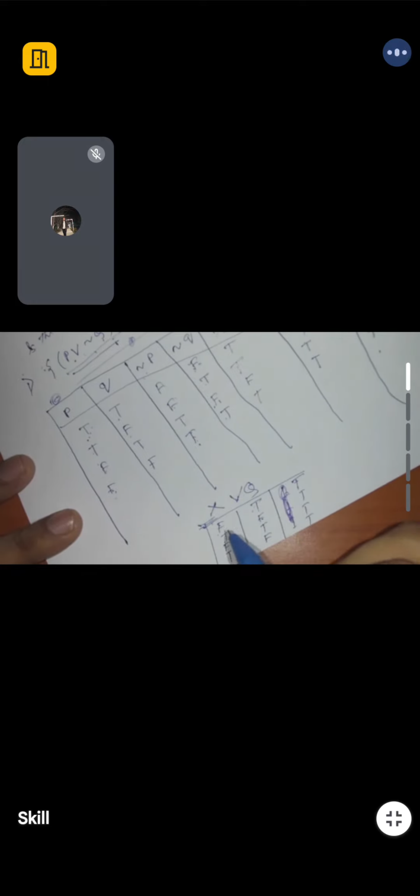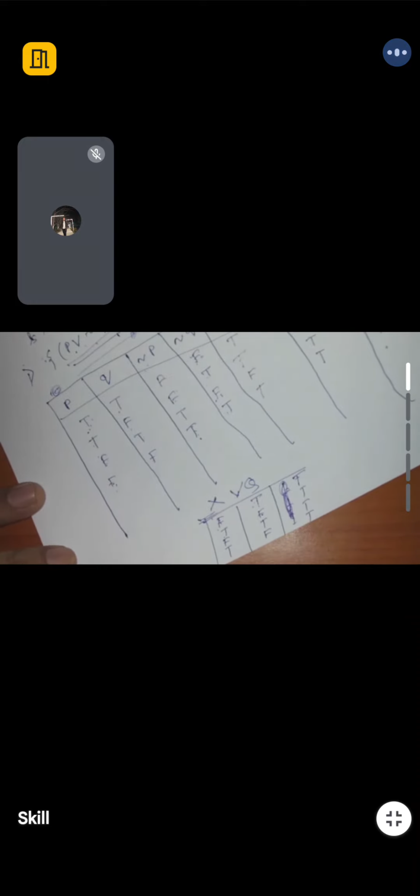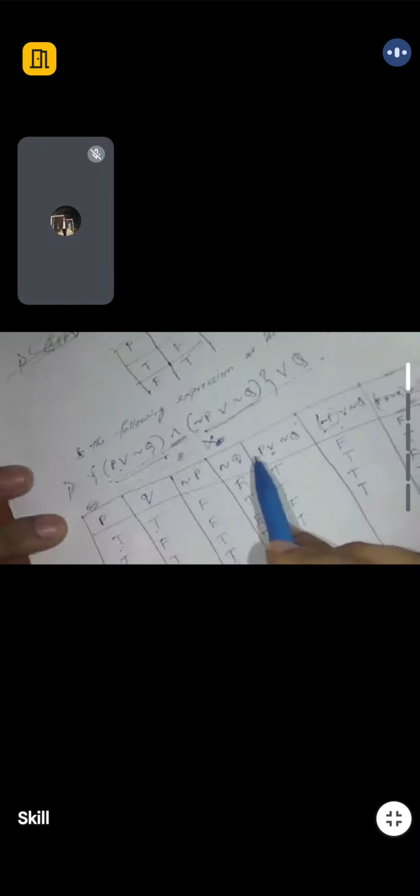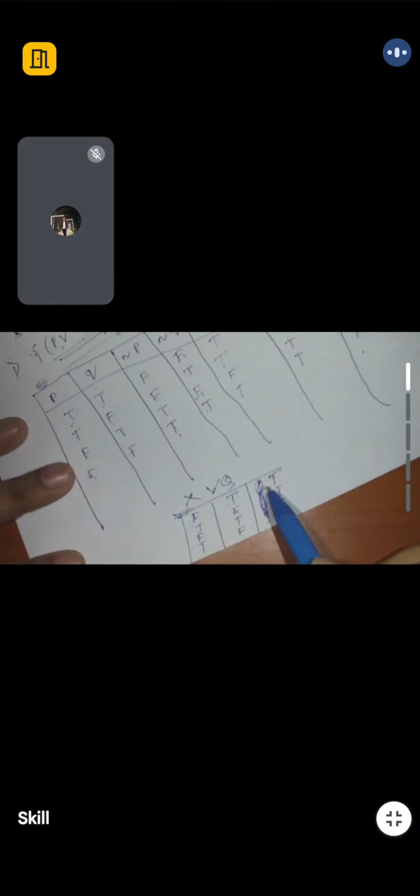If you write 1 and 0, then write 1. I am just writing like this for explaining purposes. Now all the values are true. So what does that mean? This is basically a tautology, because all the values on the right side are true.